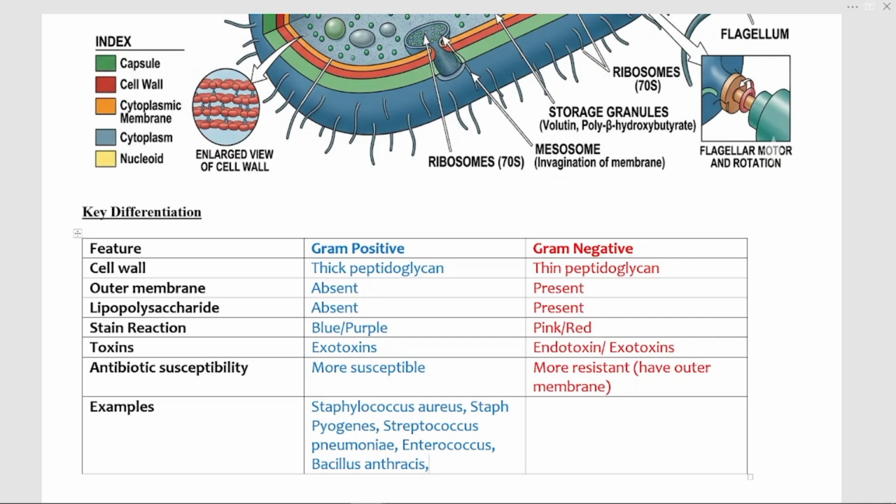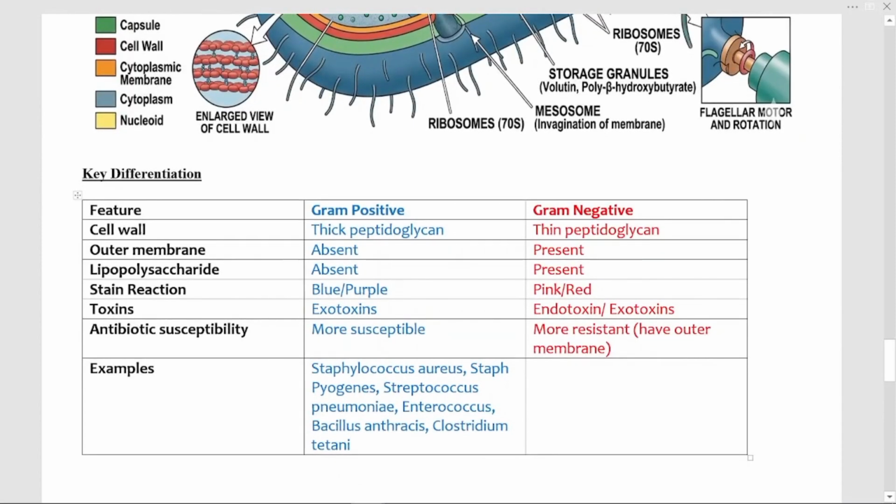We also have the Clostridium, like Clostridium tetani, very common in causing tetanus, and others that I don't want to discuss right now. So if you look at the gram positive, just know the staph, the strep, the Enterococcus, the Bacillus, and the Clostridium. All these are examples of the gram positive bacteria.